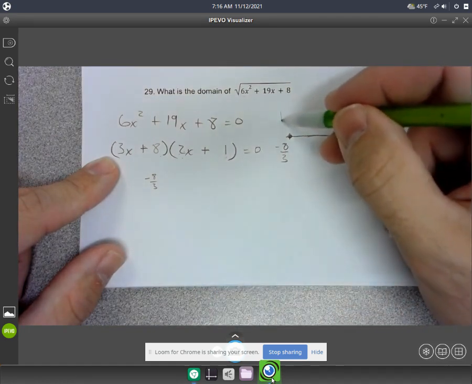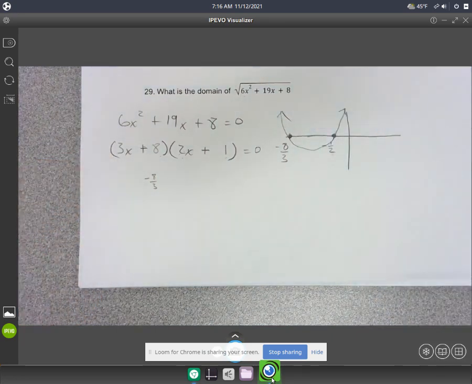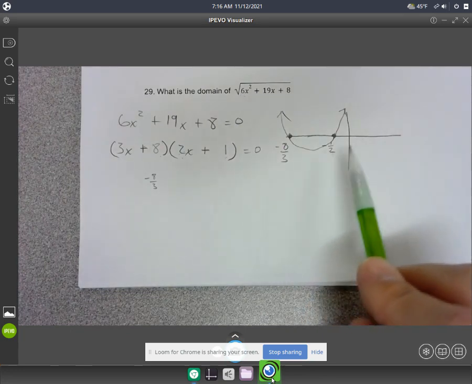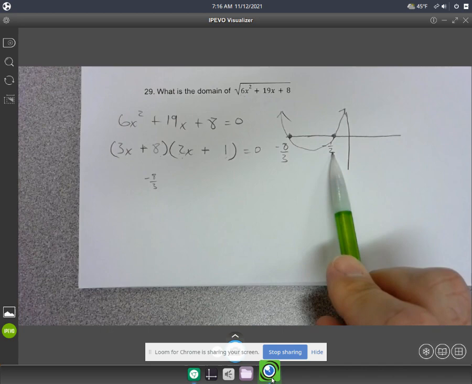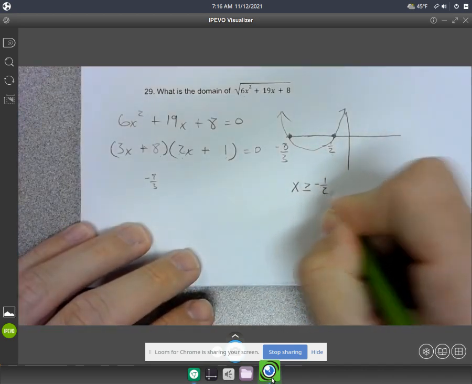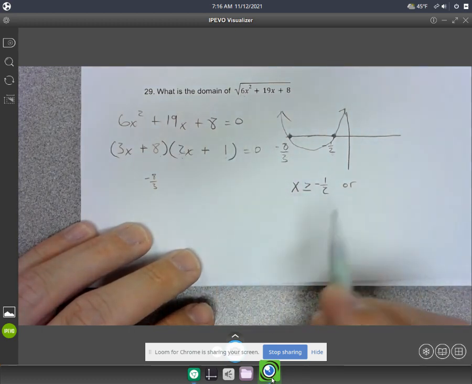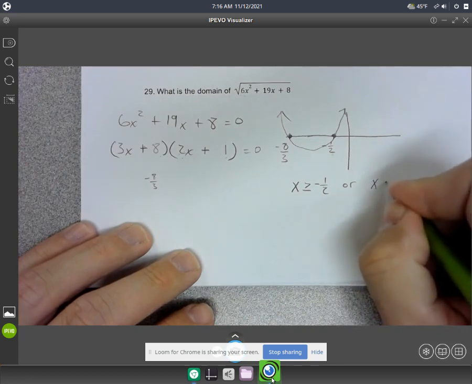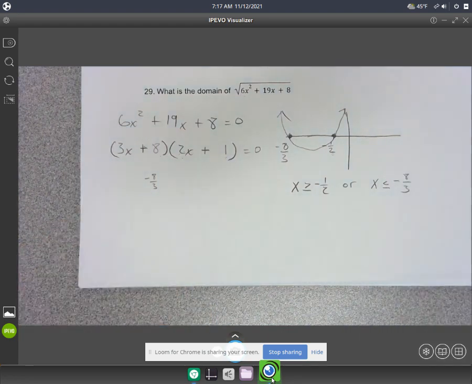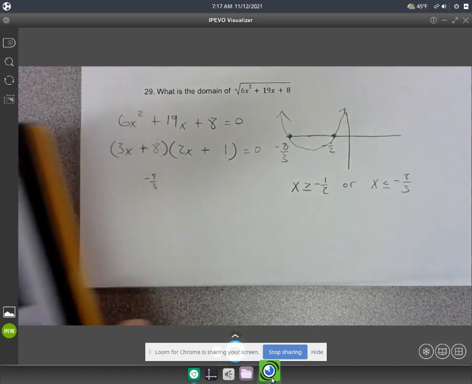So it's going to go something like this. There we go. The domain for this is going to have two halves. X has to be greater than or equal to negative 1/2, or x could be less than or equal to negative 8/3. Either one of those will suffice for your domain there.